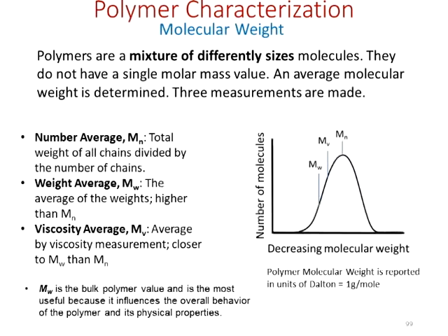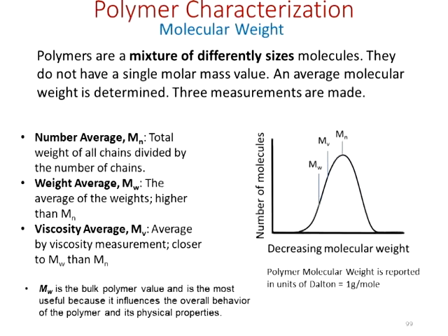It's closer to MW than it is to MN, and that's just how the methods work themselves out. Your MW comes out first, then your MV, then your MN, and it's all based upon size exclusion of the polymers. The two used the most, frankly, are the MW and MN.